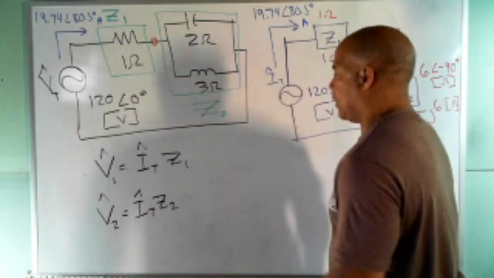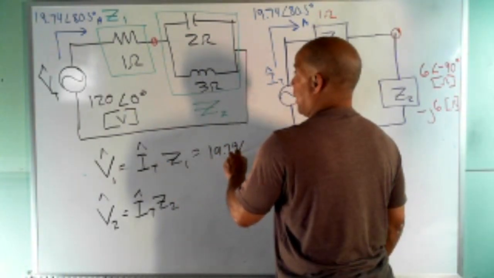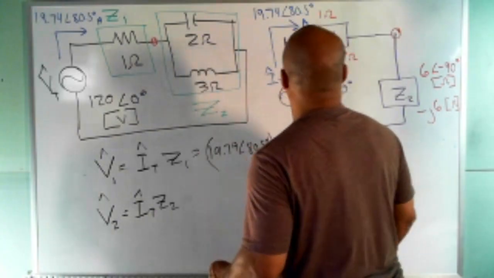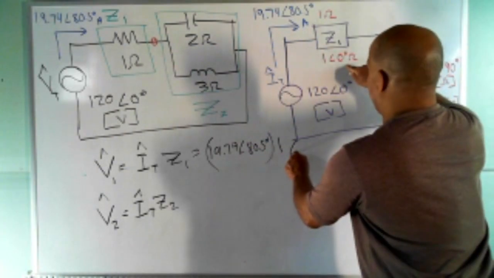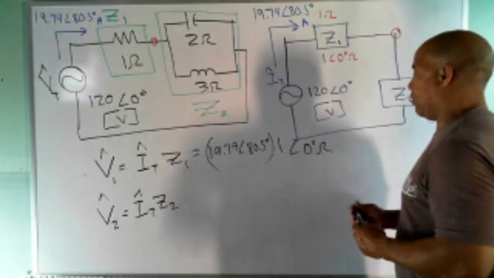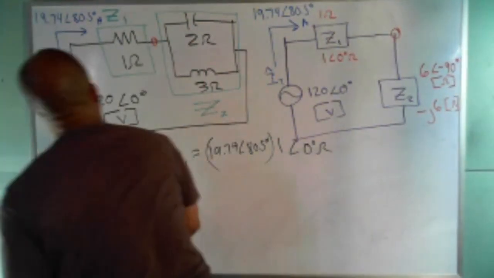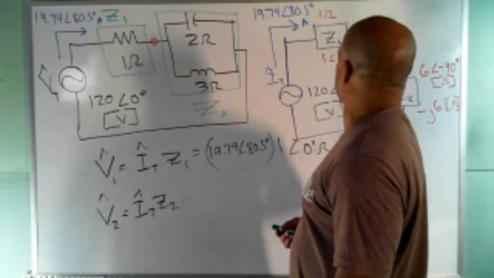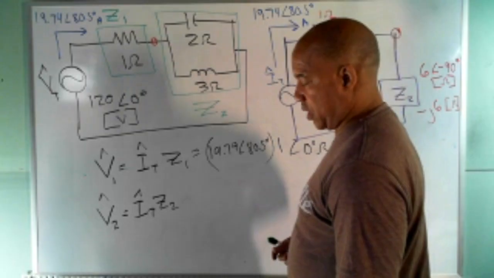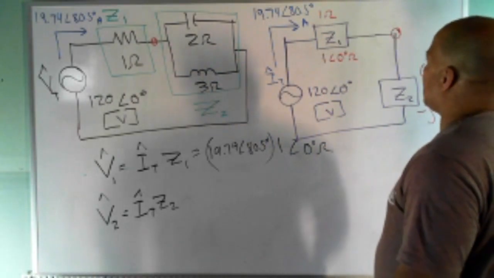So let's do the math here. We said this was 19.74 angle 80.5 degrees, and Z1 is just 1 at an angle of 0 degrees. So when I do the math there, I can get my voltage drop. I guess I'll use green for voltage. Oh, it's going to be really confusing. I don't have any more colors. All right, I'll tell you what I'm going to do.